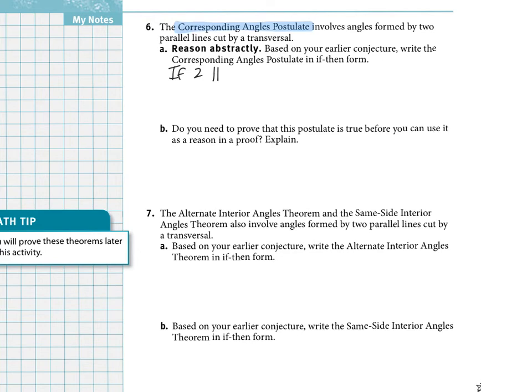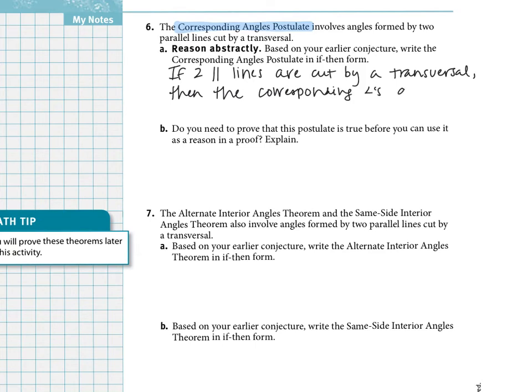But if 2 parallel lines are cut, meaning a transversal intersects them, then the corresponding angles are congruent. Cool, so we wrote a postulate in if-then form for corresponding angles.